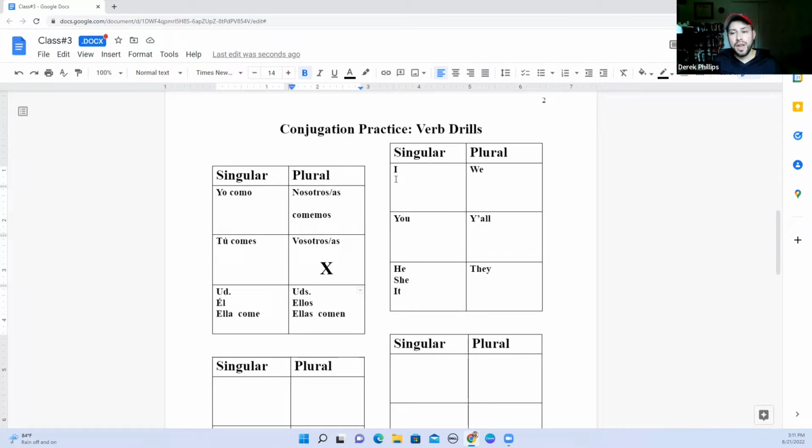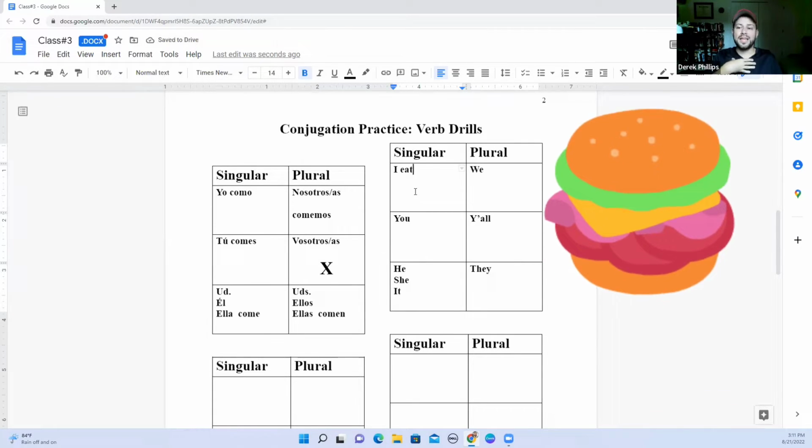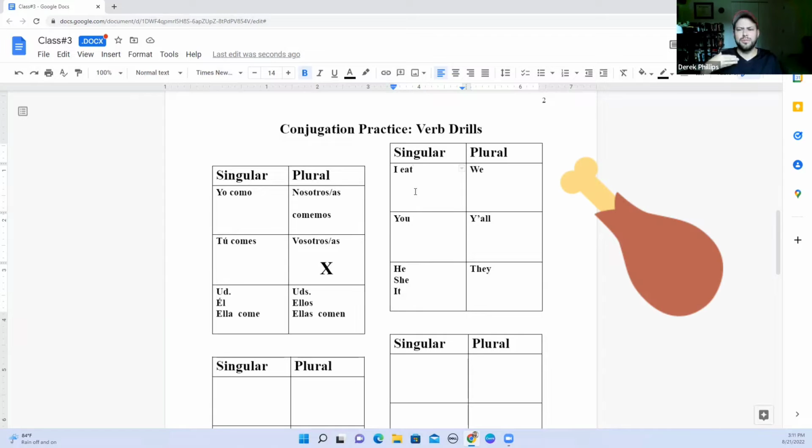So our pronouns in English are I. If I want to refer to myself, I. And using that same verb in English, comer, to eat. I say, I eat. I eat hamburgers. I eat chicken. We get the idea here. Okay. Then we have you.